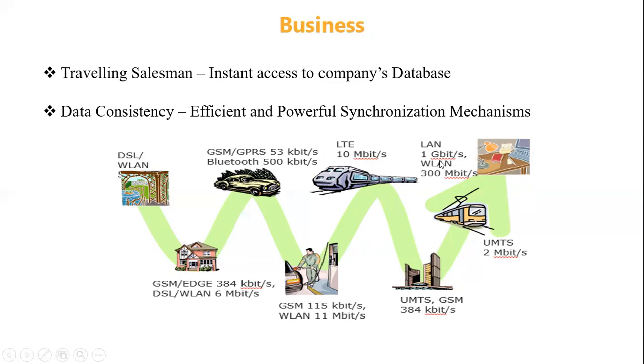In his office, probably he will be connected to the internet through a high speed LAN or a high speed WLAN. So basically this shows the role of mobile communication at different places, in different walks of life, and how the device hands over itself from one network to another network. That is how mobile communications are applied in the business domain.